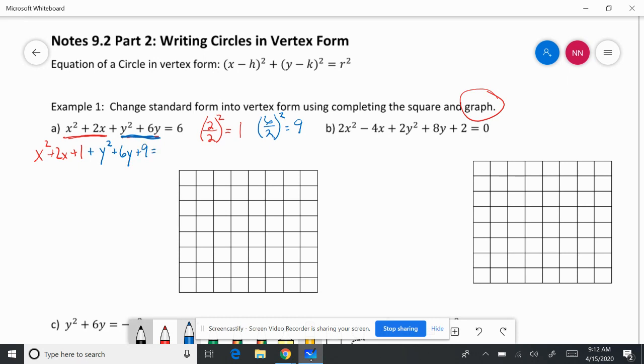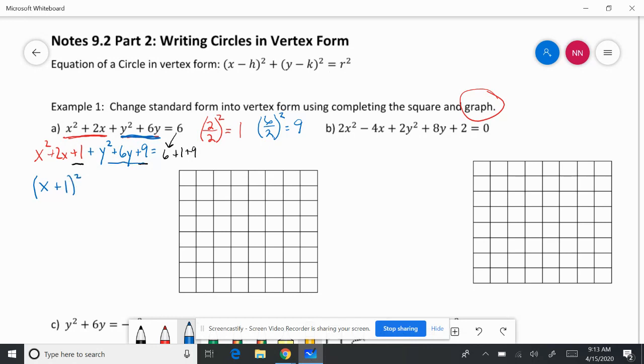Now, if you remember, whenever we add something on one side of the equation, we have to add the same thing on the other. So we bring the 6 down, we add the 1, and we add the 9. Now we're going to factor. So what we have is x plus 1 squared.